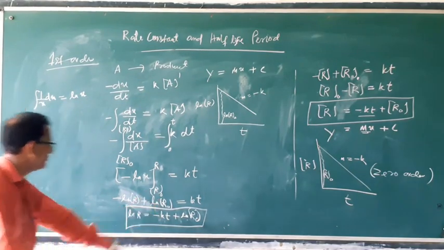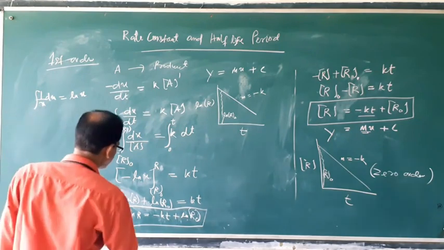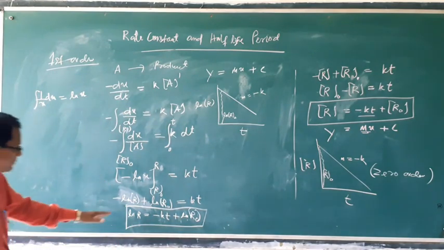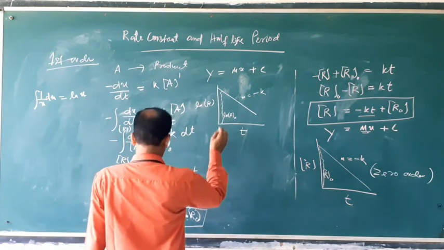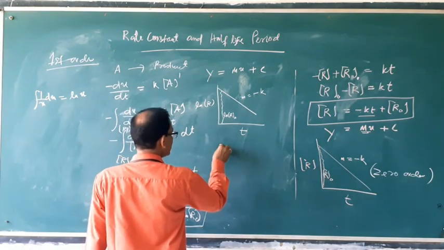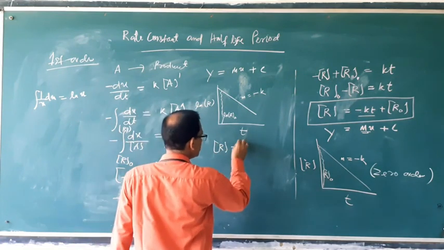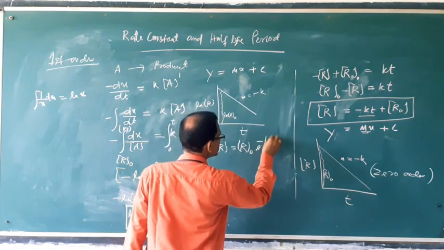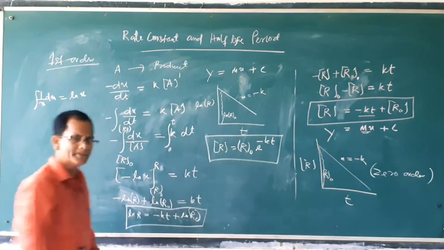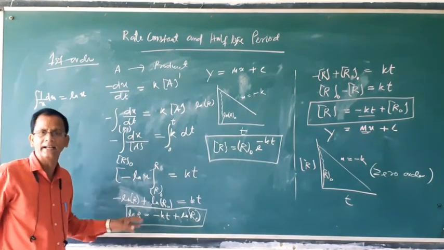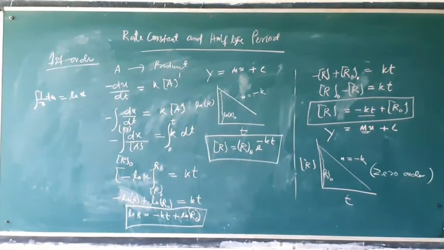This equation can be written in another form. What? In exponential form. If you write in exponential form, very important, r is equal to r0 e to the power minus kt. What is this? ln is one mathematical operation, logarithm.